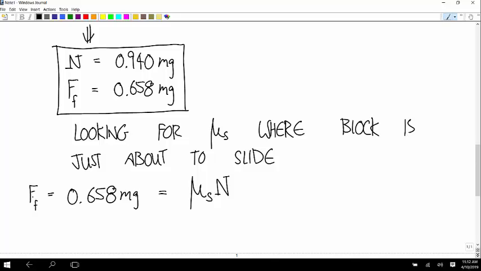Generally, we know that the force of friction is less than or equal to this. But if we're right at that boundary, then it's equal. And so 0.658 mg is equal to mu sub s times, I'll plug in what we know about the normal force.